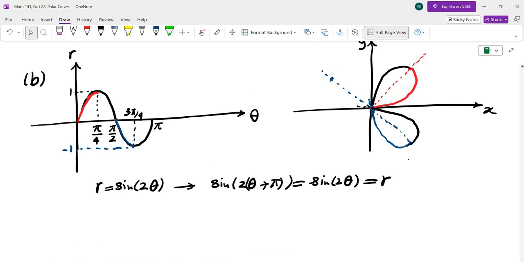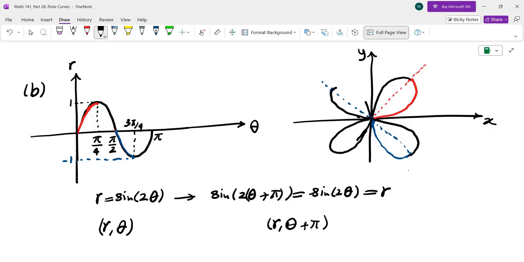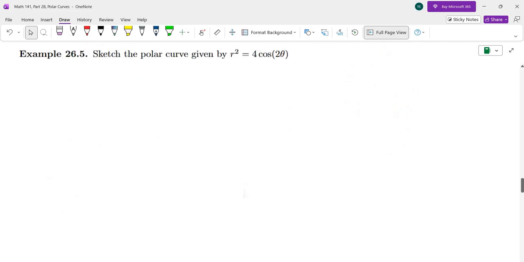So that means I have the same curve but reflected about the origin, because if (r, theta) is a point, then we also just showed that (r, theta plus pi) is also a point on the curve. So that means we have the same curve reflected about the origin. So we get, and this is the portion from pi to 2 pi, a 4-leaf rose. So these examples are examples of roses.